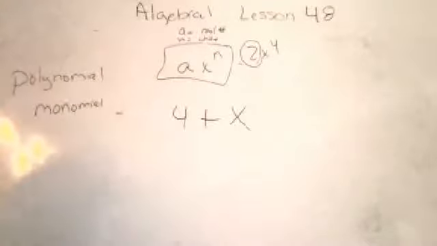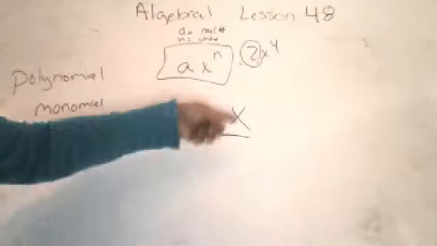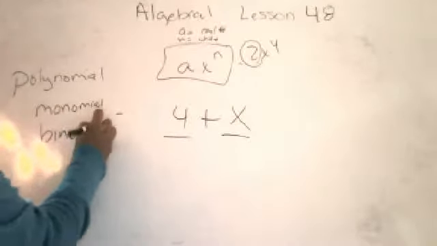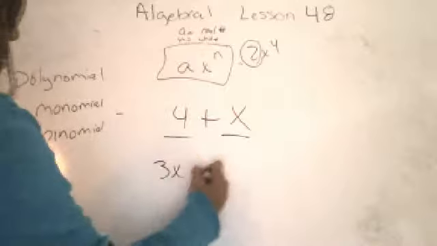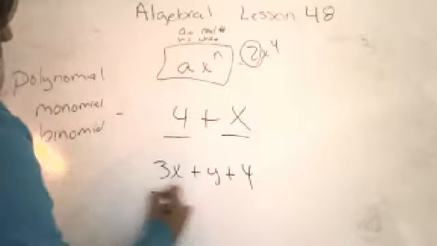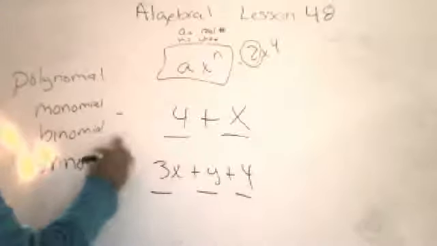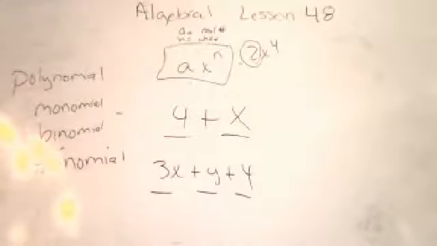It's separated by a plus or minus. I've got two terms. Are they both polynomials? Yes, they are. So they're called a binomial. Then if you have 3x plus y plus 4, I've got 3 terms, and it's called a trinomial. They're still polynomials, so we classify them by how many terms.